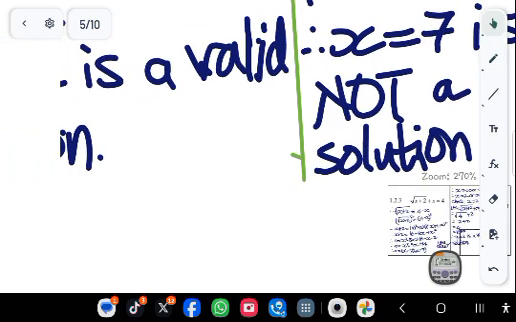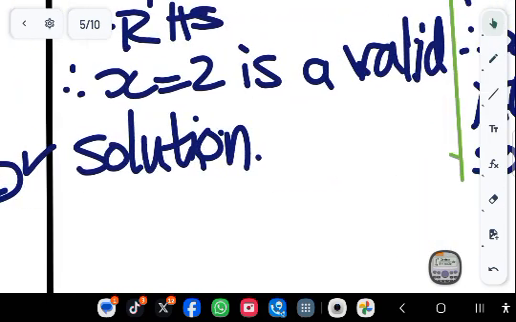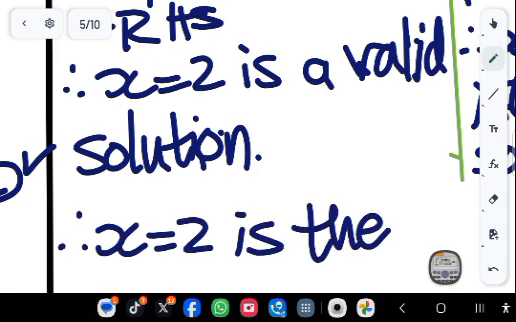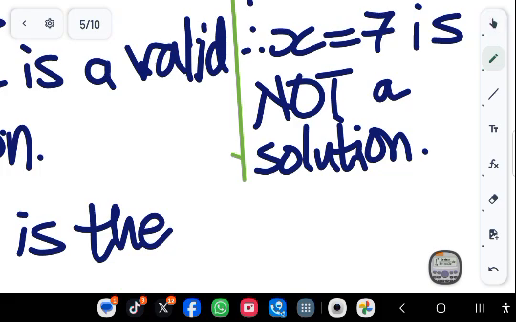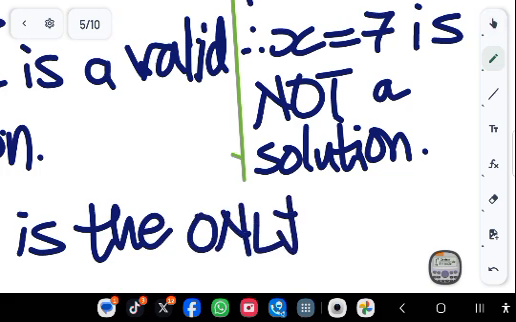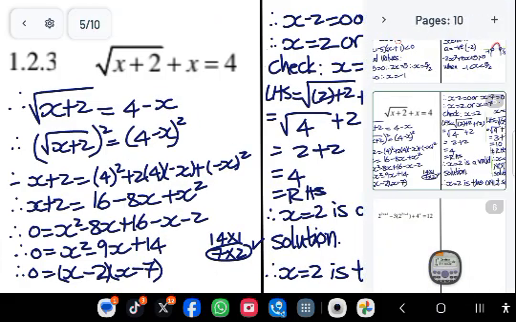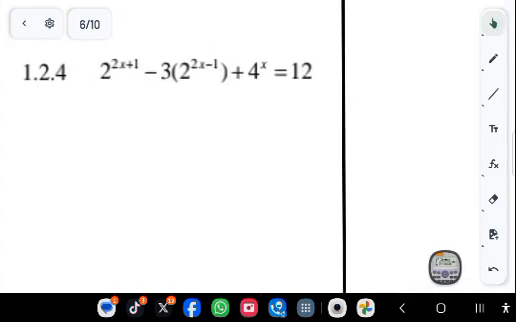And therefore, this means x equals to 2 is the only solution. Always write the final conclusion.